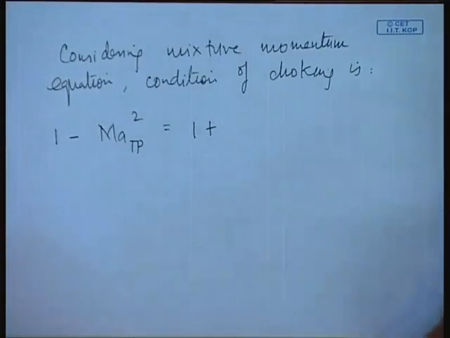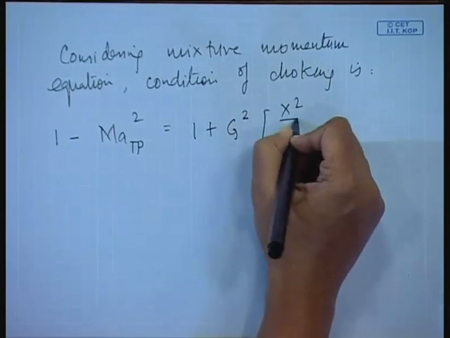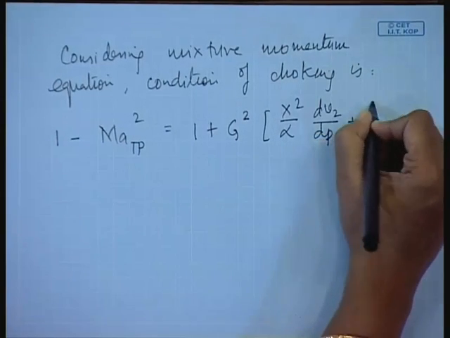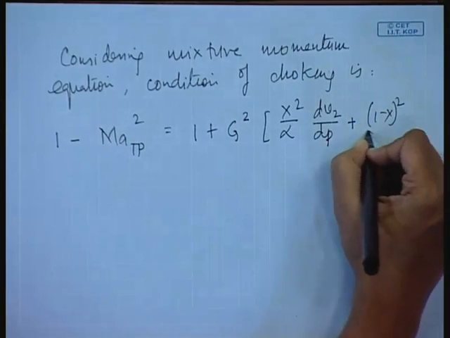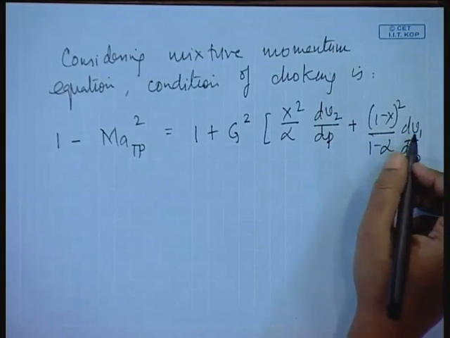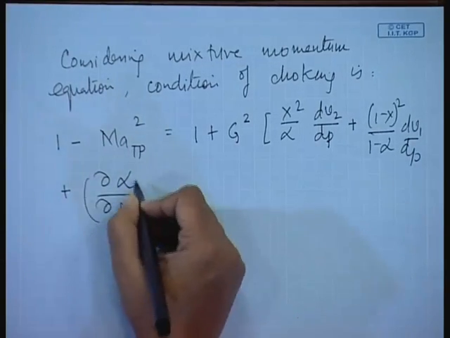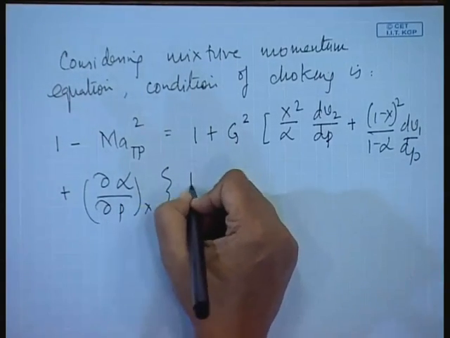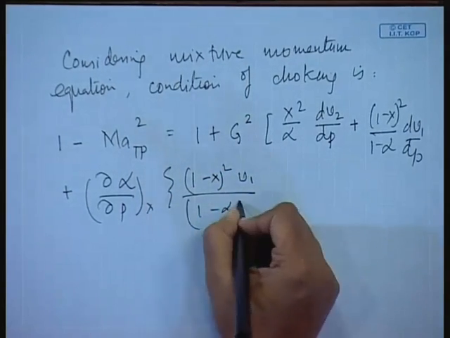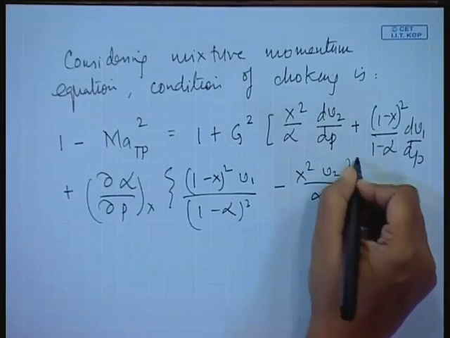So, this is equal to 1 plus G square x square by alpha dv2/dp plus (1 minus x) whole square by (1 minus alpha) dv1/dp plus del alpha/del p at constant x times (1 minus x) whole square v1 by (1 minus alpha) whole square minus x square v2 by alpha.